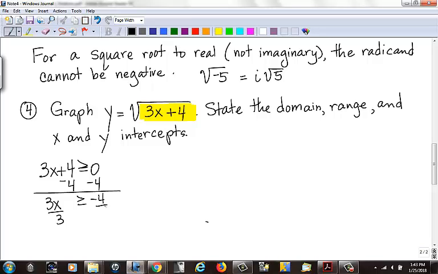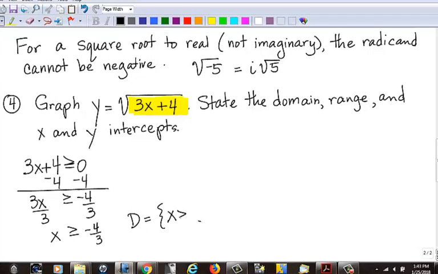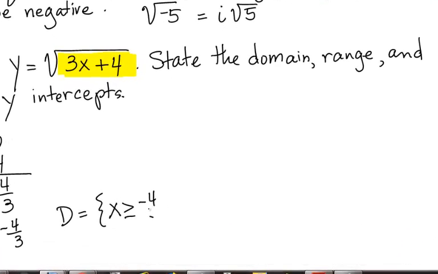Divide by 3. And x is greater than or equal to negative 4/3. Anything greater than negative 4/3 is okay. Less than negative 4/3 is going to give you a negative number. So this helps to tell the domain. The domain is where x is greater than or equal to negative 4/3.